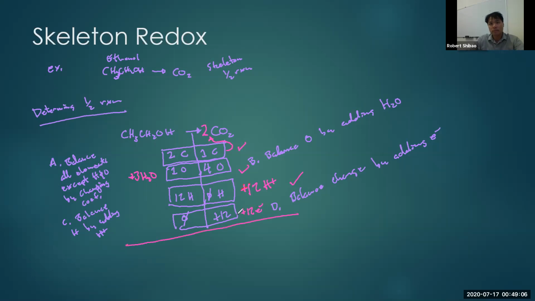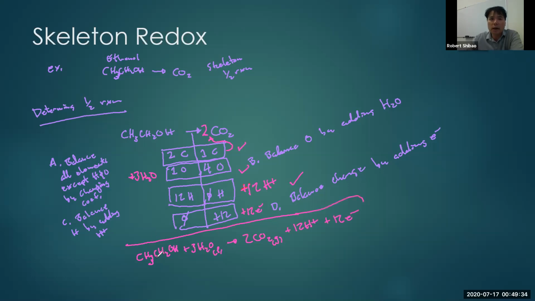And that should cancel out the plus 12 here. And so altogether, this is going to be ethanol, CH3CH2OH, plus 3 H2Os, liquids. This is going to produce 2 CO2 gas plus 12 H+ plus 12 electrons.